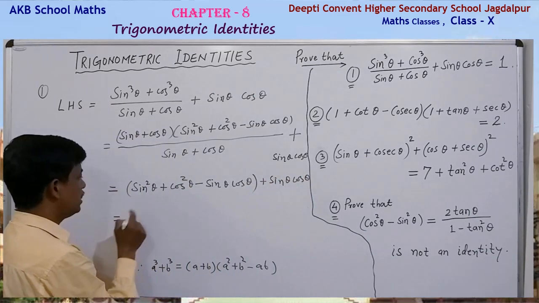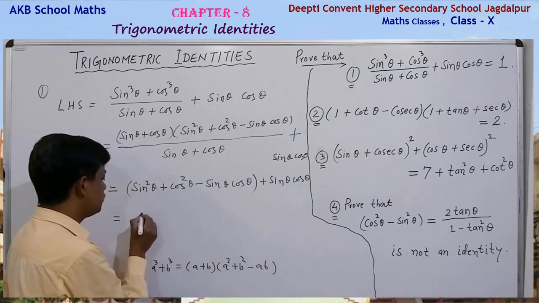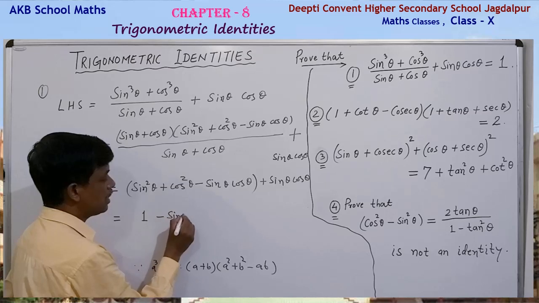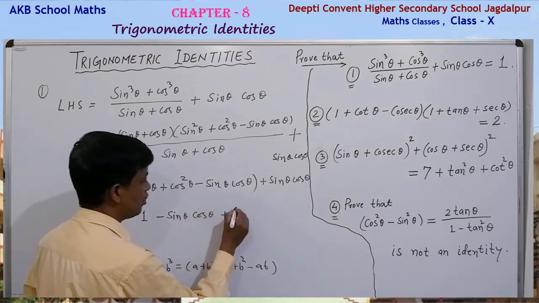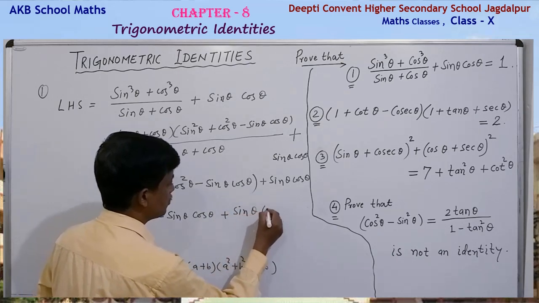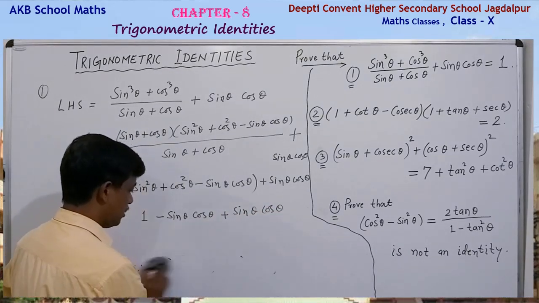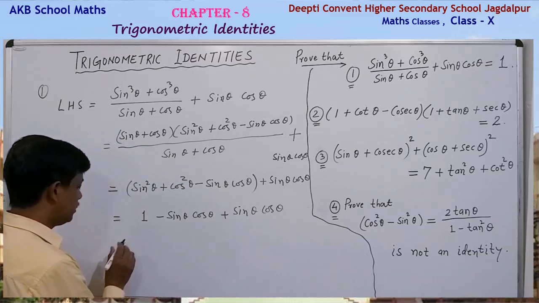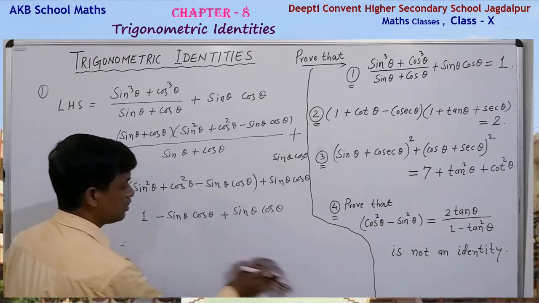Now we see that sin square theta plus cos square theta equals 1, we know. So this can be written as 1 minus sin theta cos theta plus sin theta cos theta. Here these two quantities cancel out, sin theta and cos theta.